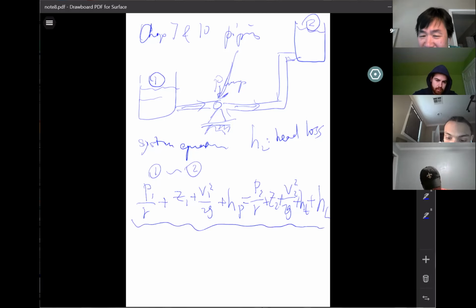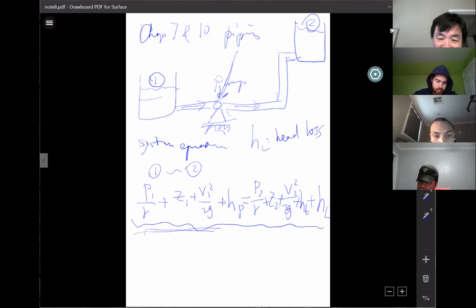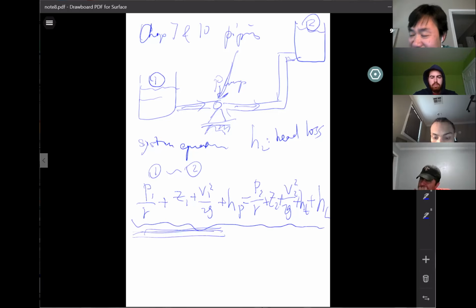So my question is this: why is HP on the left-hand side, and HT and HL on the right-hand side of the equation? The three terms on side 1 tell you how much energy you have initially in the system.